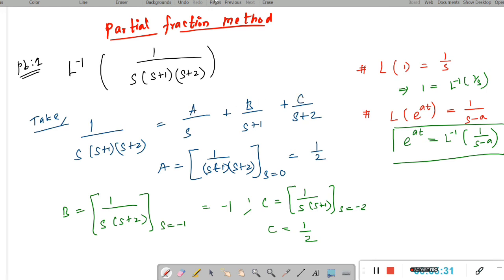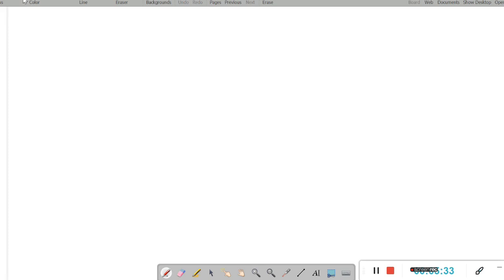So from that, you may get 1 by s into s plus 1, s plus 2 equal to 1 by 2 into 1 by s minus 1 by s plus 1 plus 1 by 2 into 1 by s plus 2. Now try to take L inverse on both sides.